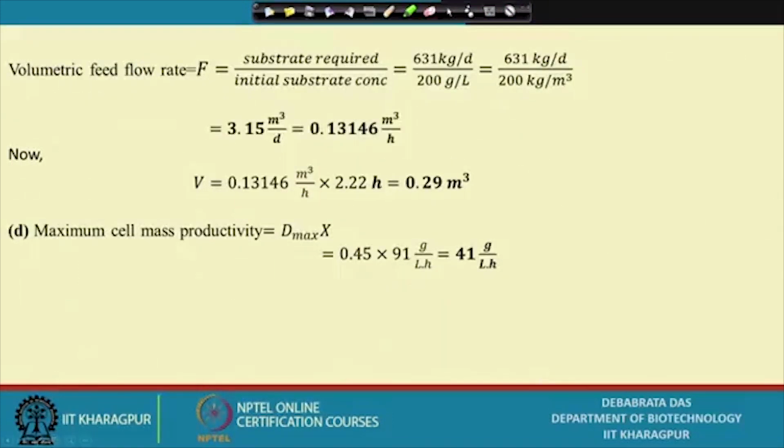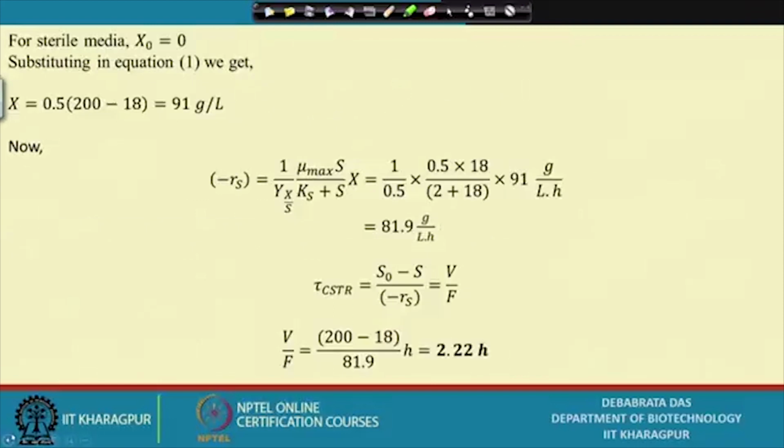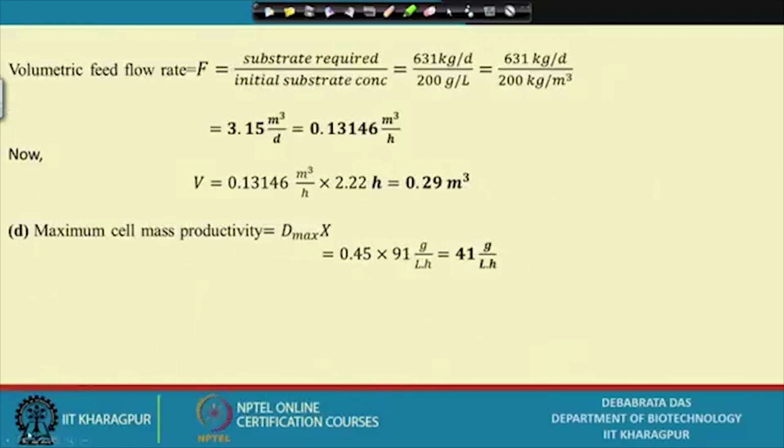Now, if you look at the previous equation, this is equal to V by F. If we want to find the volume of the reactor, we have to find the flow rate. So how can you find the flow rate? The substrate required we have already calculated as 631 kg per day, and the initial substrate concentration is 200 grams per liter.